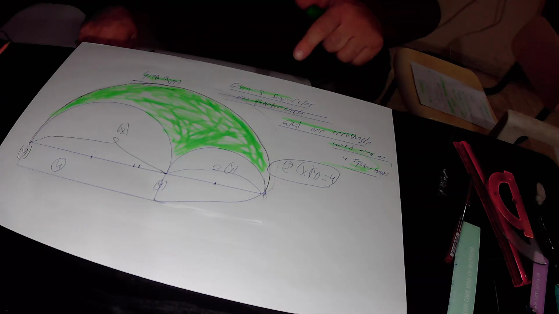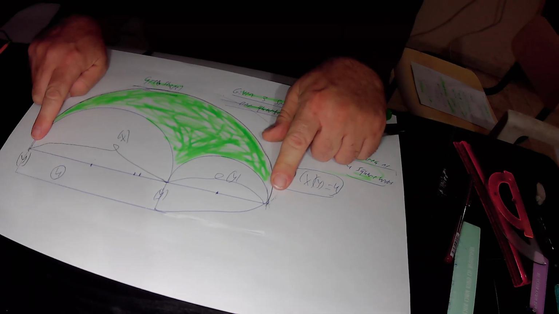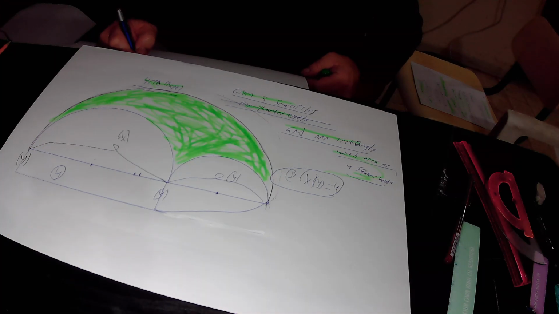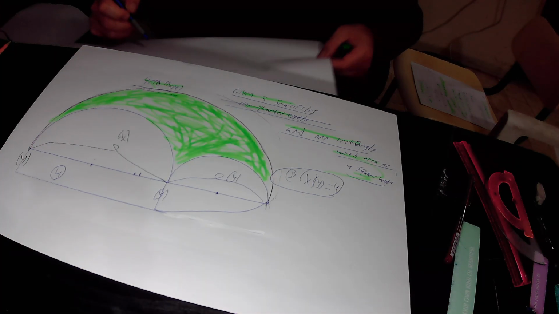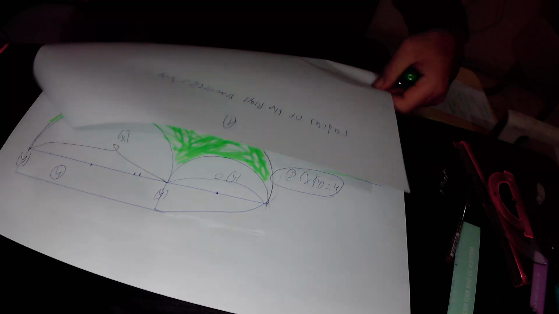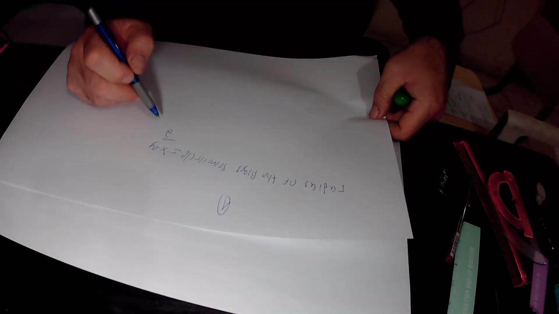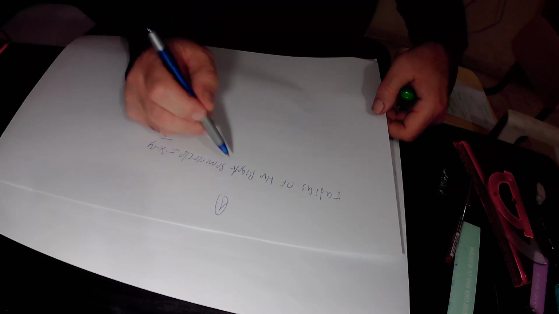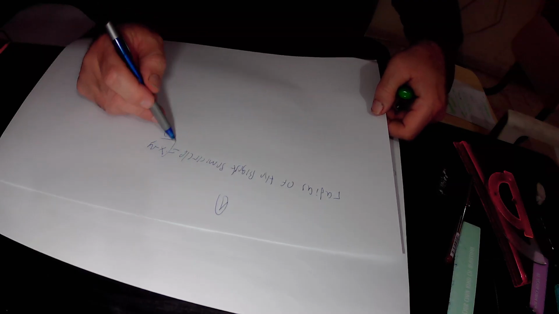The diameter of this semicircle is x plus y. Therefore, the radius equals x plus y over 2 units in its length. And again, in total, we found that the radius of the biggest semicircle equals x plus y over 2 units in its length.